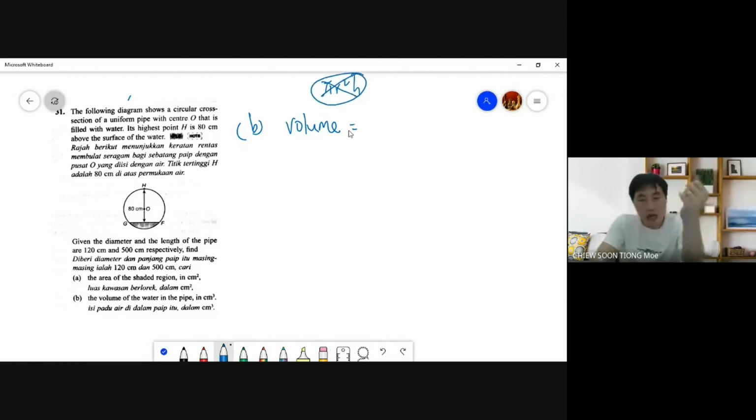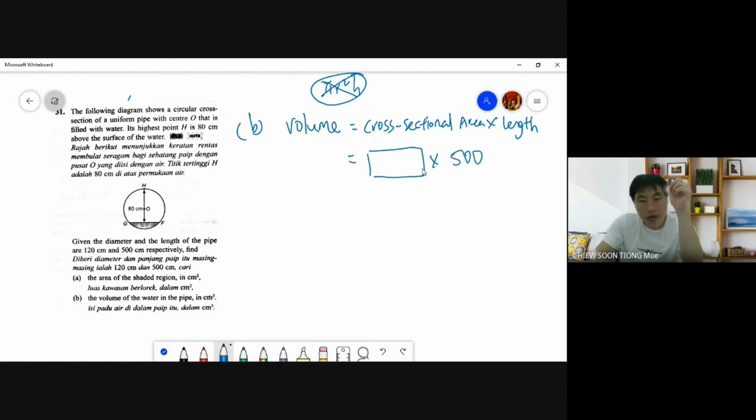No. Remember, for volume, any volume is cross-sectional area times the length. This one is basic, you have to remember. So the one you get just now times 500.